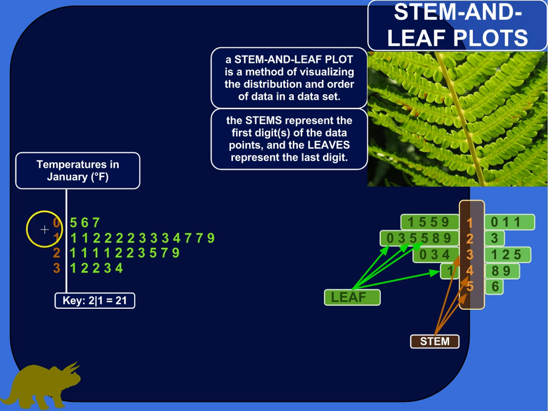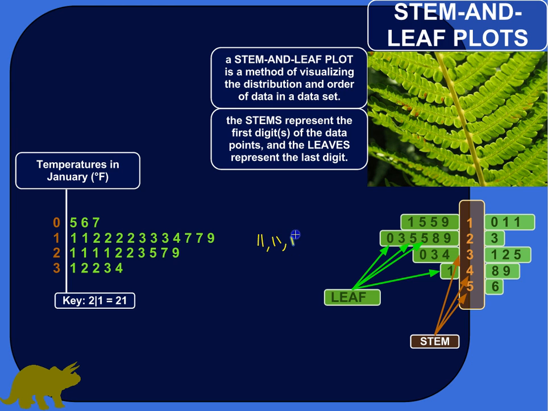So the stems here are the first digit of the numbers, and then the leaves are the last digit. All these numbers here have a first digit of 1, and then these are the last digits. So this means 11. This also means 11 degrees Fahrenheit.